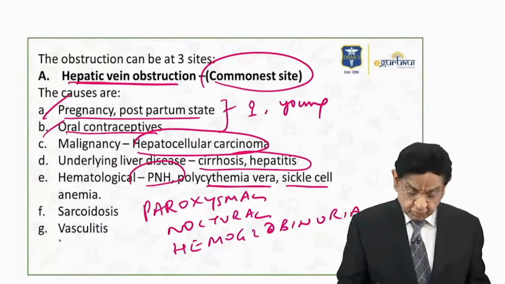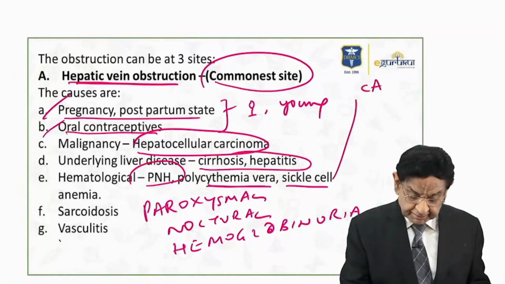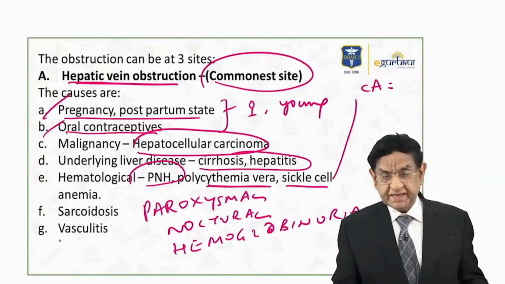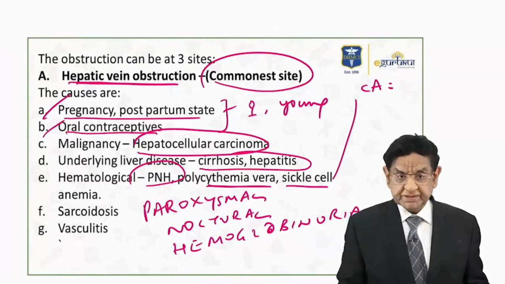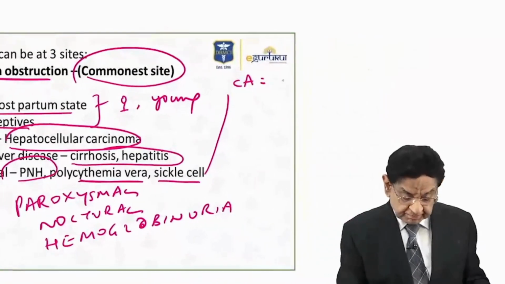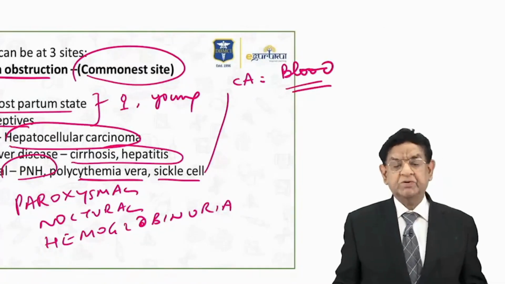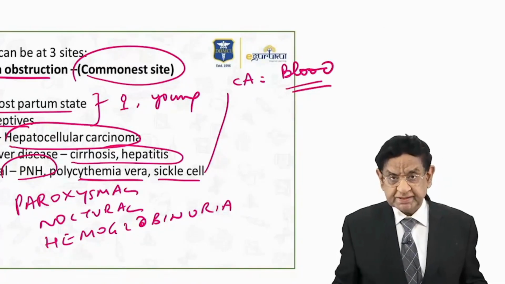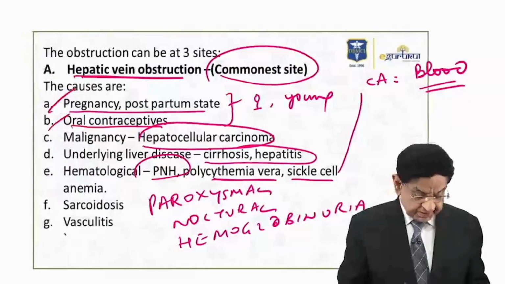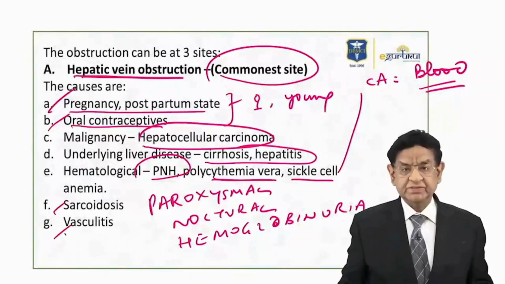It means what? The clinical application is that whenever we are getting a case of Budd-Chiari syndrome, his blood investigation should be done fully. Especially the complete blood count, peripheral smear should be made to rule out any of the hematological conditions. It can occur in sarcoidosis and vasculitis also.